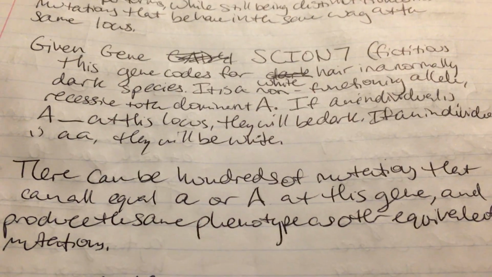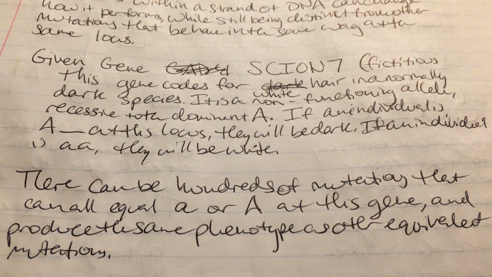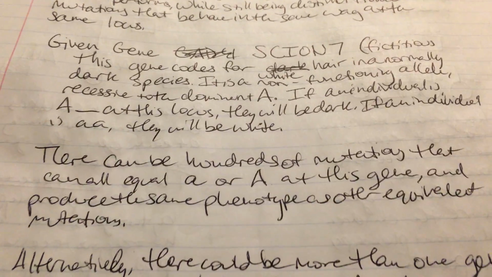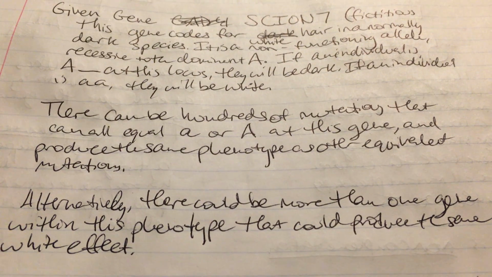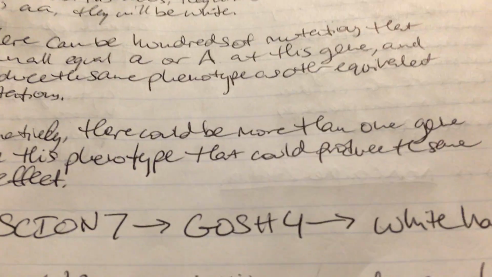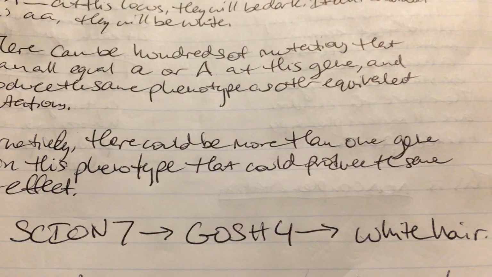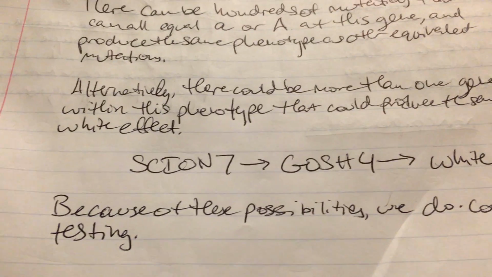There can be hundreds of mutations that can all equal lowercase a or capital A at this gene and produce the same phenotype as other equivalent mutations. Alternatively, there could be more than one gene within this phenotype that could produce the same white effect. For example, you could have Scion7 and GOSH4 both be involved in the pathway to white hair.